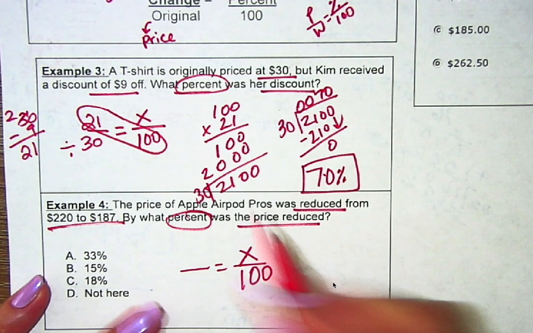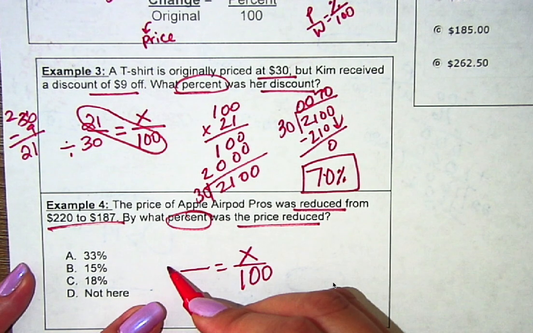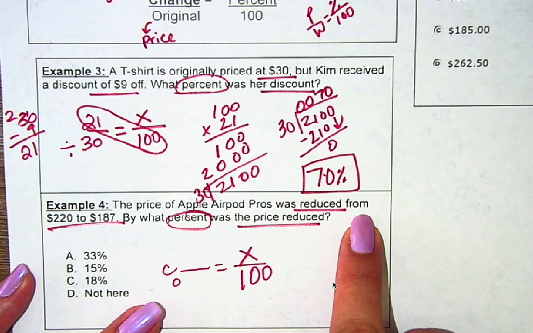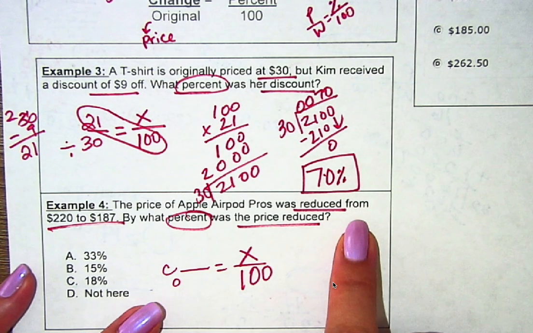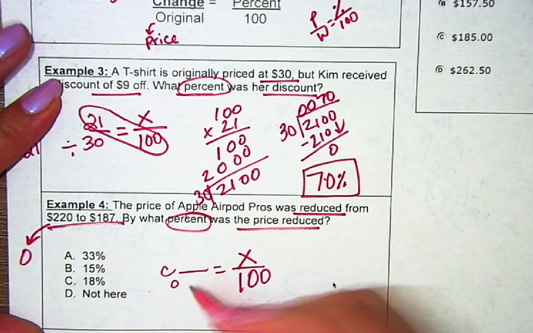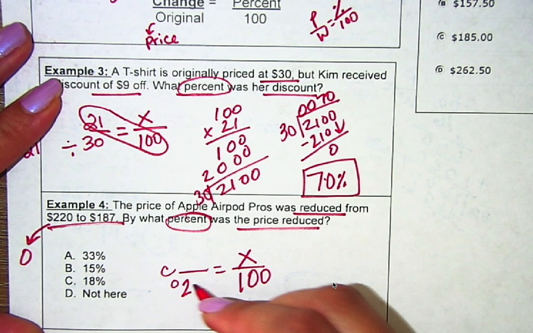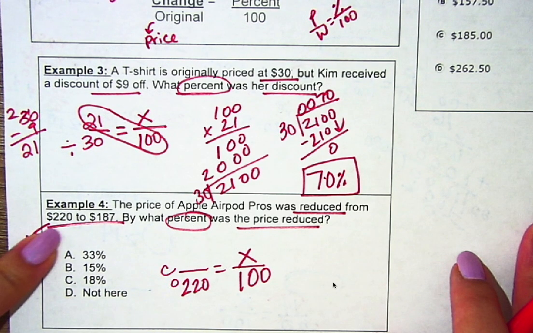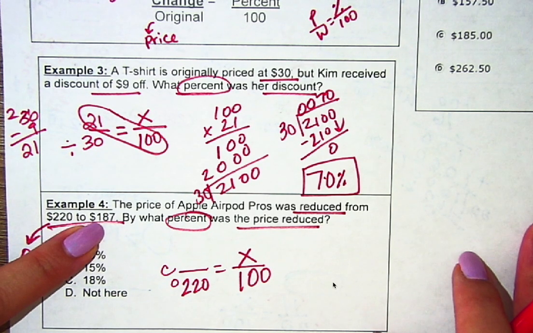Okay. So what I have to do is find my change and my original. It's telling me it reduced from 220 to 187. So my original price was 220. So I'm going to put that on the bottom here, 220. And now the change, it's not 187.